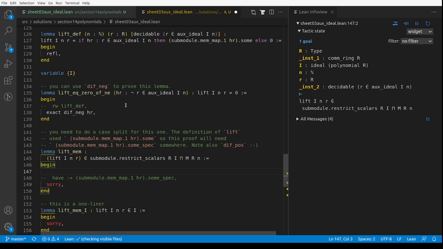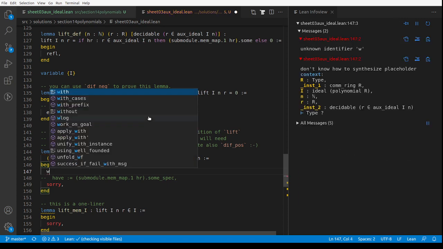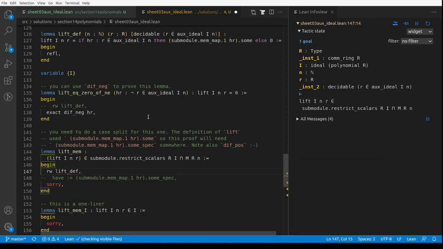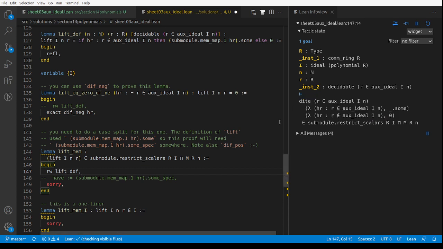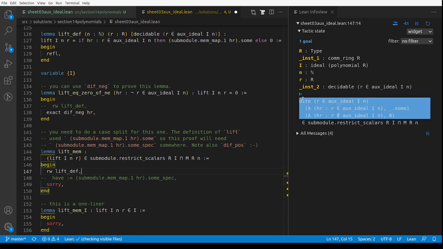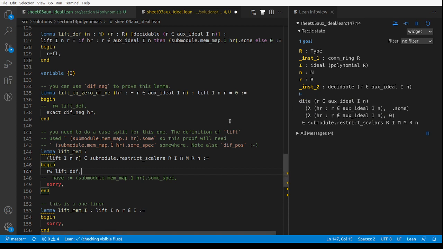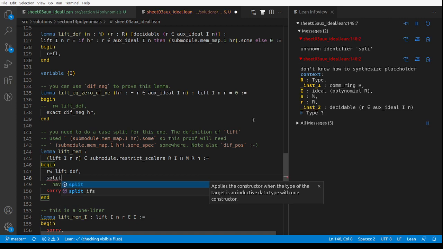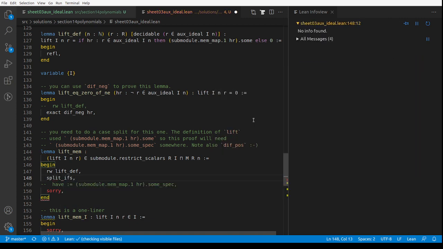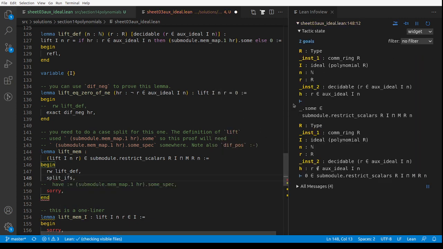So we need to split on the cases, so we could rewrite lift def there. And now, yeah, this is a theorem. We can use things like split_ifs because we're trying to prove a theorem. So split_ifs is great. Split_ifs is a very easy way of making progress with dite goals, with if-then goals, and this is a dependent if-then. So if I do split_ifs, thank you, Gabriel Ebner, then we have two goals, and you see the first goal, we have this hypothesis.